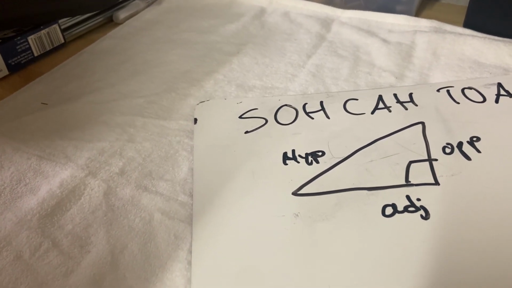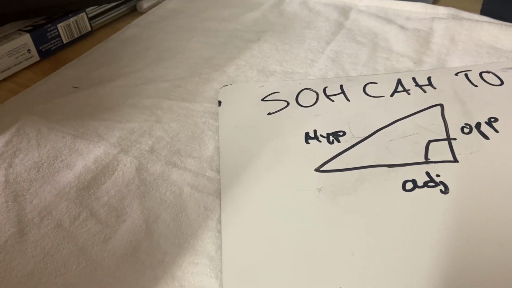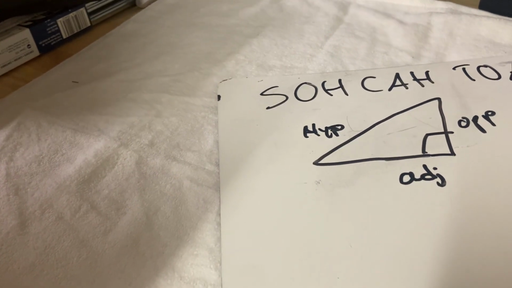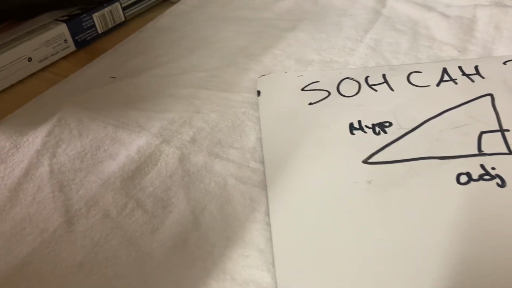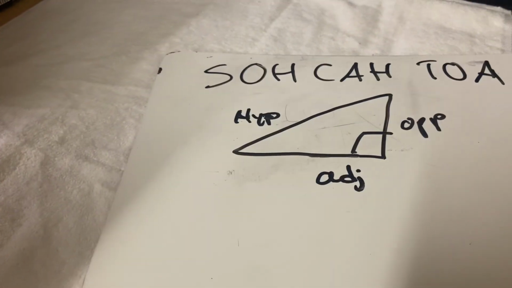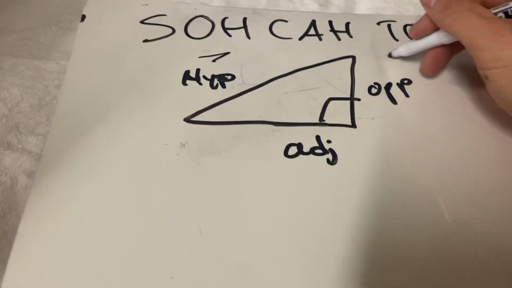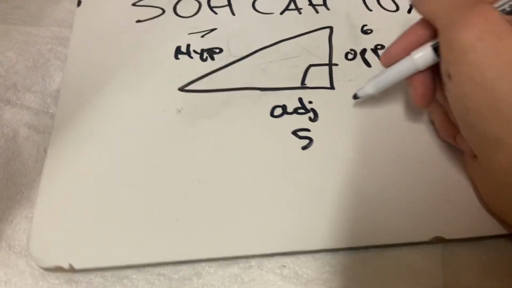And there are usually identities that go with trigonometric functions. So first, let's put some values. Let's say we put 7 for hypotenuse, 6 for opposite, 5 for adjacent, okay?